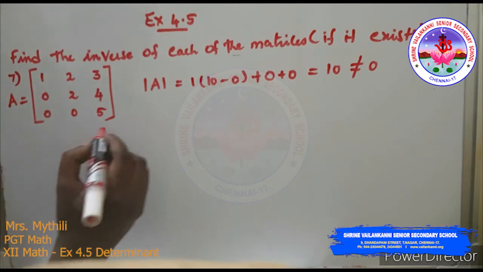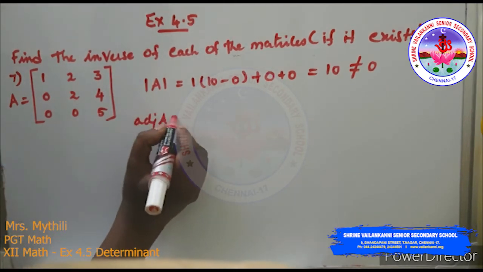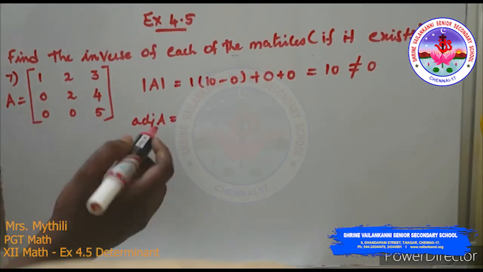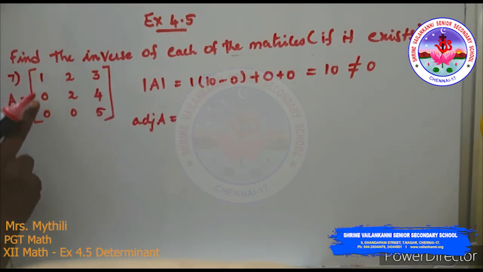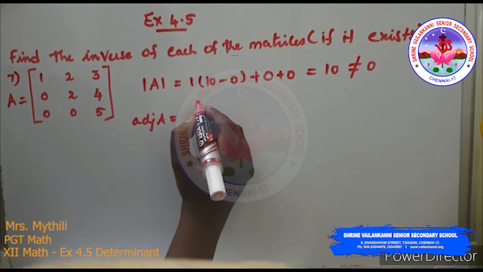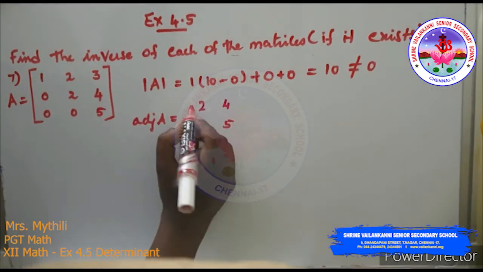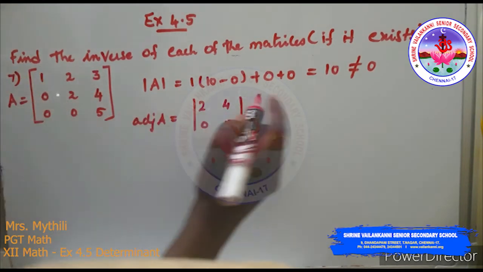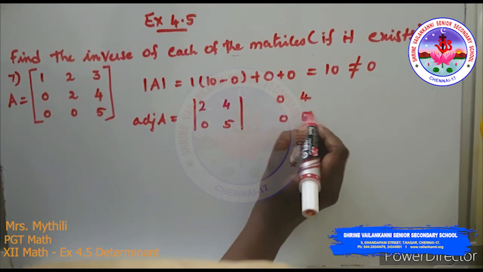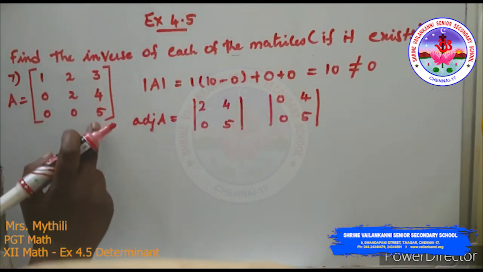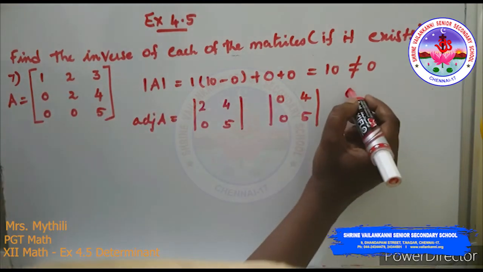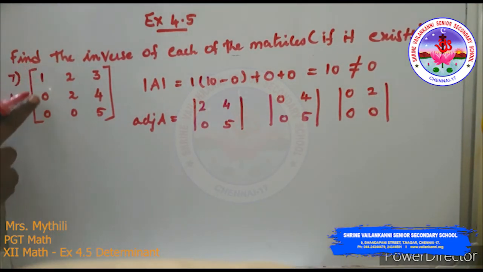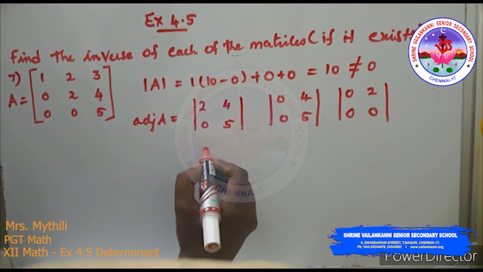Then we have to find the adjoint of A, that is finding the cofactors of all the elements. Adjoint of A is finding the cofactors. The first element: 2, 4, 0, 5. The cofactor of the second element: 0, 4, 0, 5. Third element: 0, 2, 0, 0. Then A21: 2, 3, 0, 5.